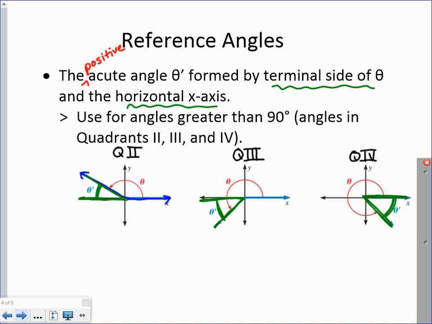But I know how to do that. Like if I was doing the problem. I did 270 minus theta.